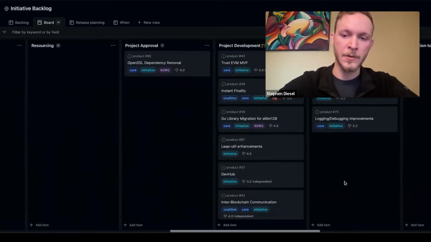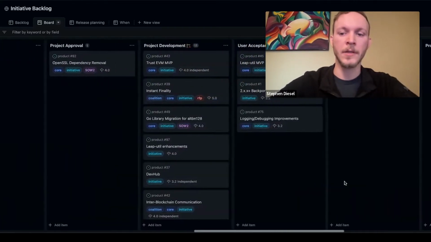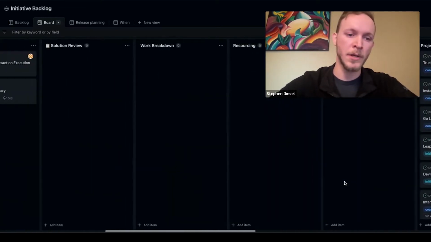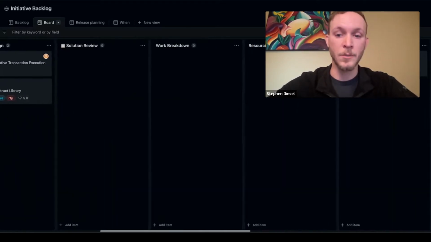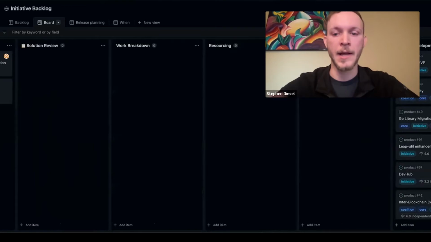A little further down, you can see some other stages that I think are less critical for today's discussion, but you can, of course, imagine that after we've designed a solution, it's in review, we decide to break down that work and resource it for an actual estimated plan.